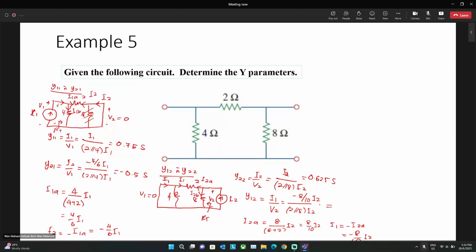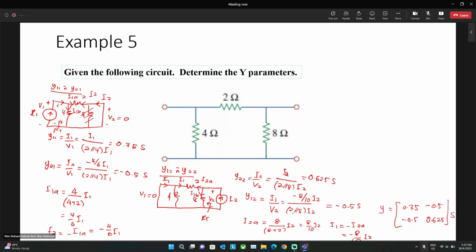Okay, negatif 8 per 10 bahagi dengan 2 parallel dengan 8, you akan dapat negatif 0.5 Siemens. So your final Y adalah 0.75, negatif 0.5, negatif 0.5 dan 0.625 unit semua Siemens.